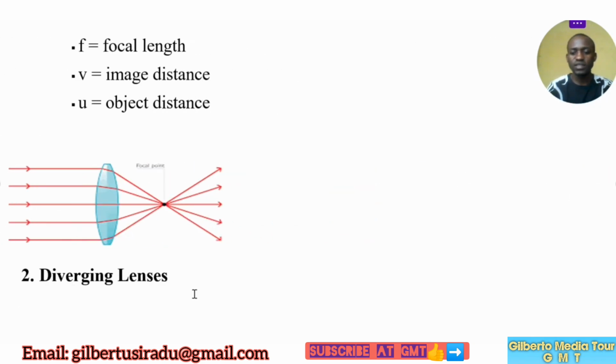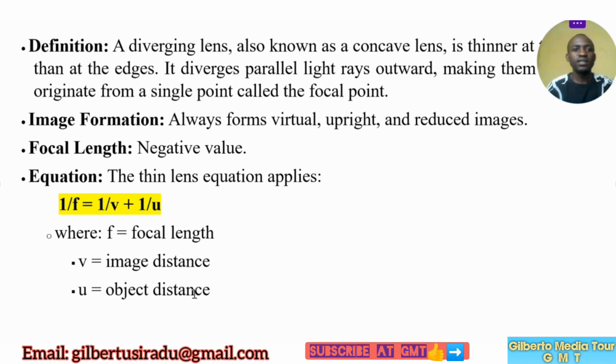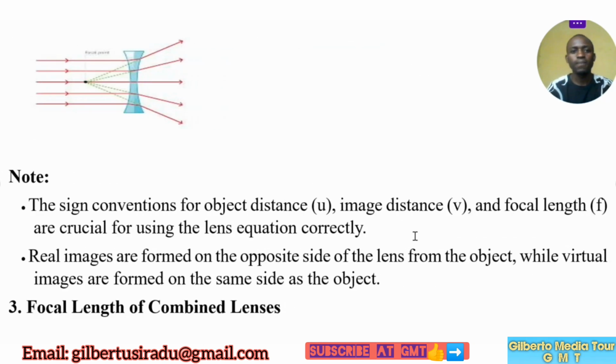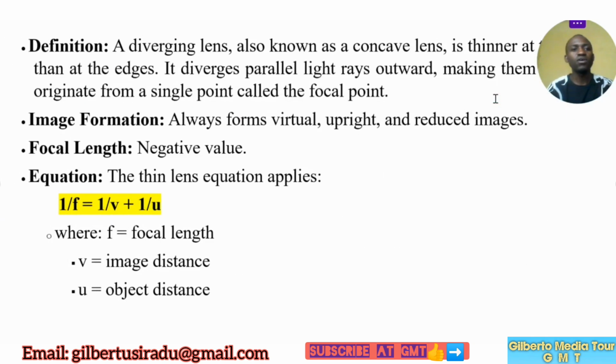For diverging lens, it is a lens which is known as the concave lens, which is thinner at centers than at edges. The image formed by these diverging lenses or concave lenses is always virtual, upright and reduced.